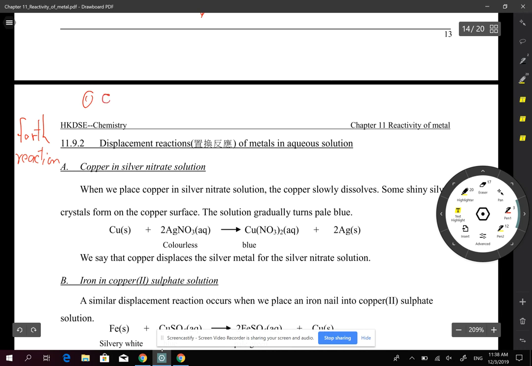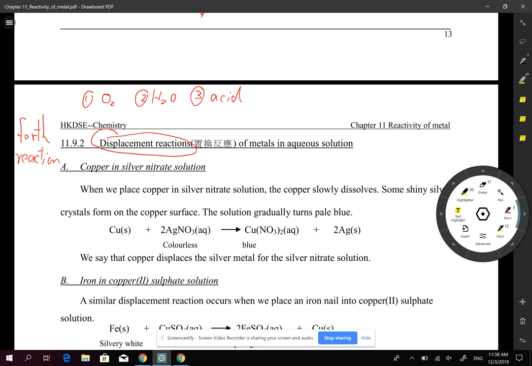Second? With water. The third? With acid. And the fourth is called displacement reactions. In Chinese, 置換反應.